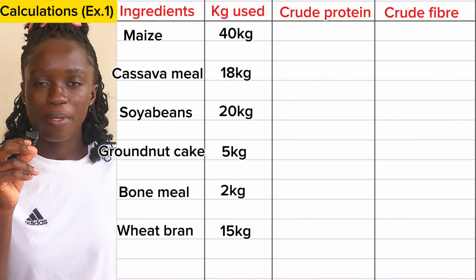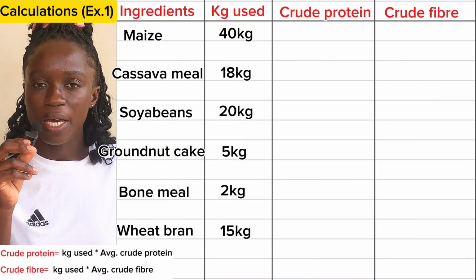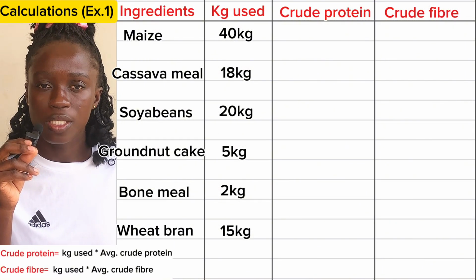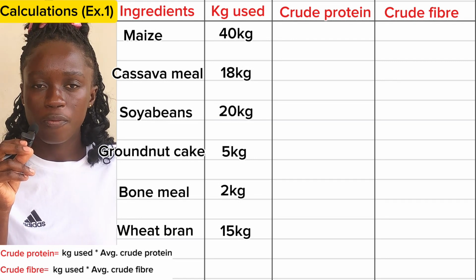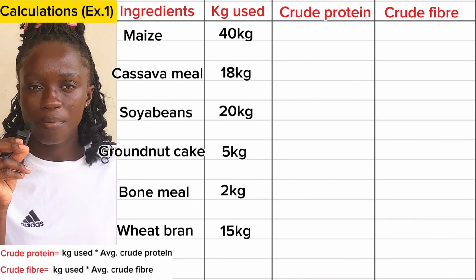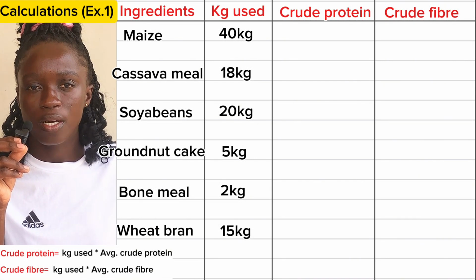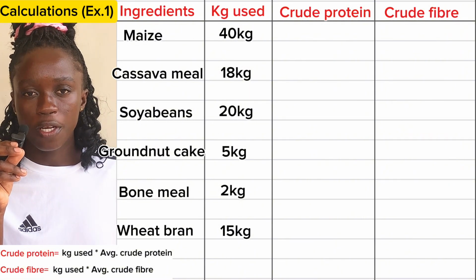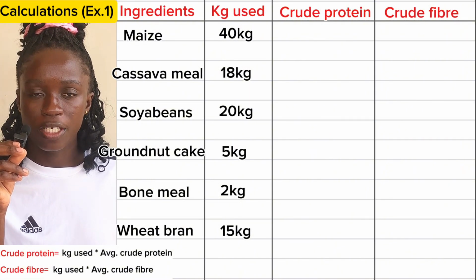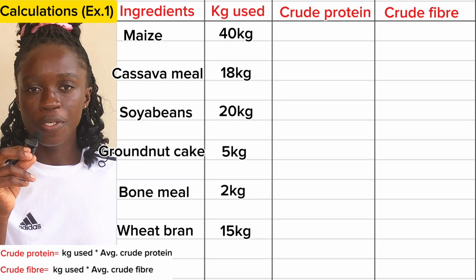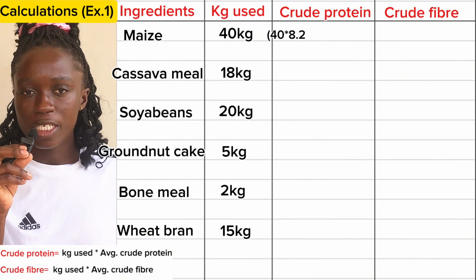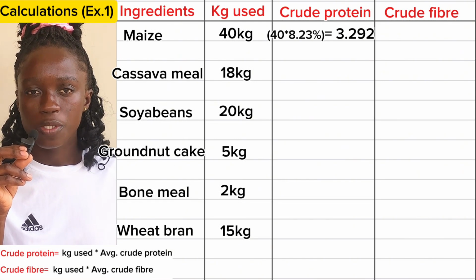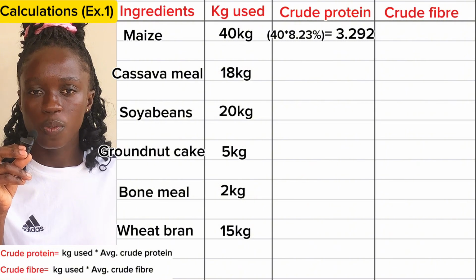We've already established that the crude protein per kilograms of the ingredient used is equal to the kilograms of the ingredient used times the average crude protein content of the ingredient. Following this formula to calculate the crude protein for each ingredient, for maize it is going to be 40 times 8.23%, which gives us 3.292.